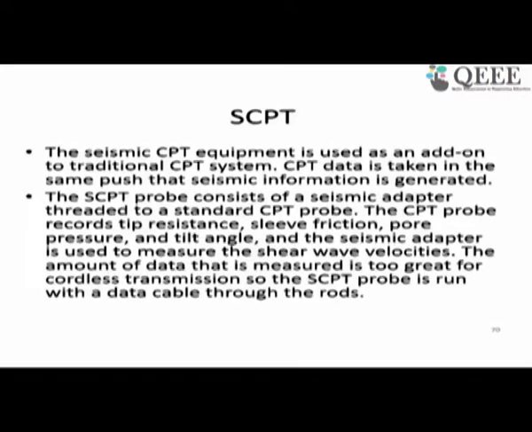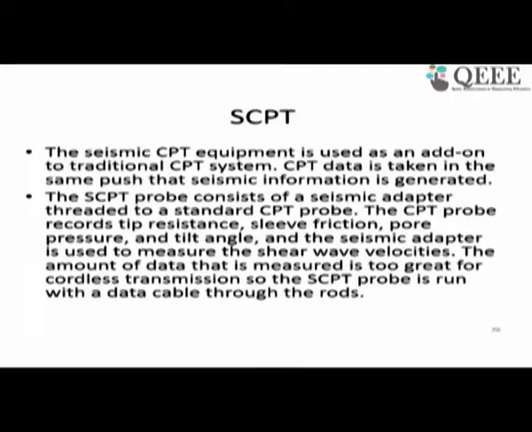Now this SCPT, as I already mentioned, is equipment which is an add-on to traditional CPT. It's basically the same CPT with additional seismic or shear wave sensors, which will generate the shear wave velocity profile of the ground during its penetration. So this SCPT probe consists of a seismic adapter threaded to a standard CPT probe.